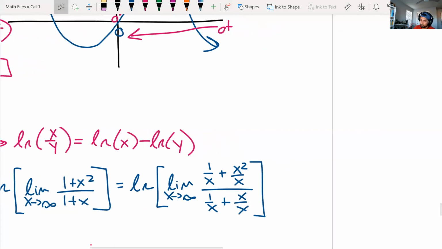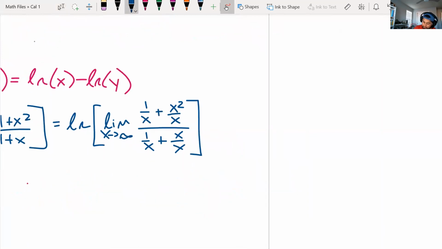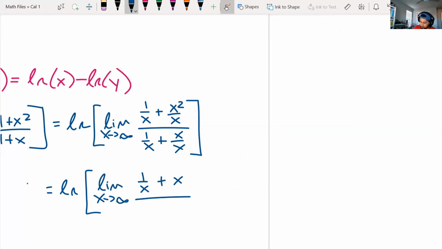Simplify. Equal to the natural log of the limit as x approaches infinity of 1 over x plus x over 1 over x plus 1.